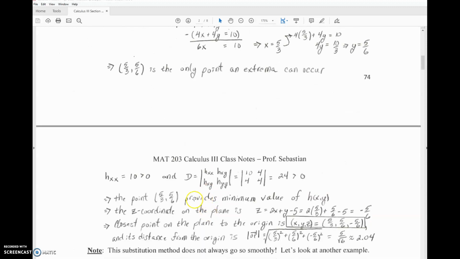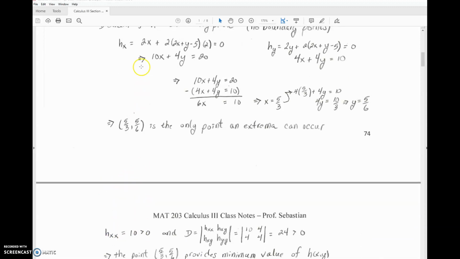So now I have to do the second derivative test. h of xx, the second partial of h with respect to x, is just 10. So 10 is positive. That means I have a concave up function. So I'm probably going to have a local minimum, but I need to check my discriminant because I need to know it's concave up in every direction.